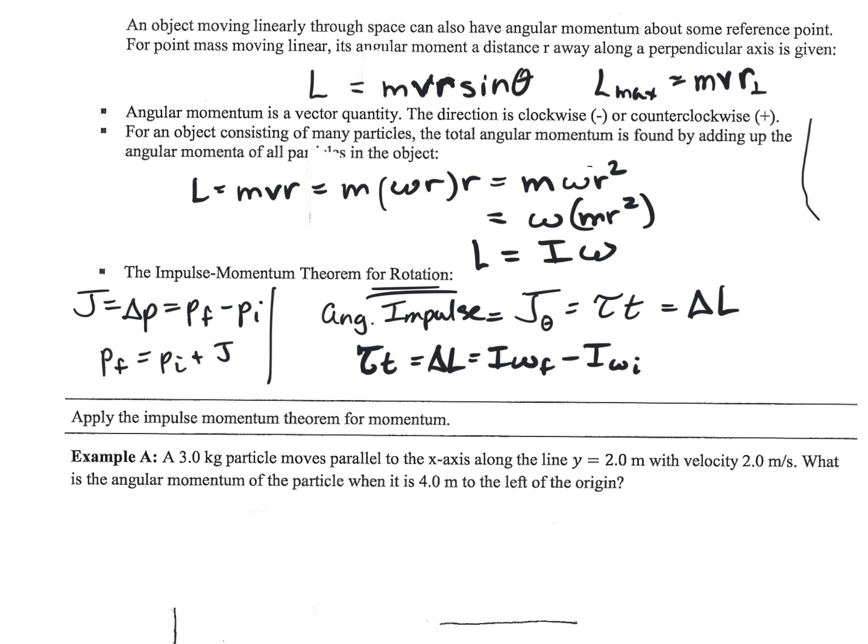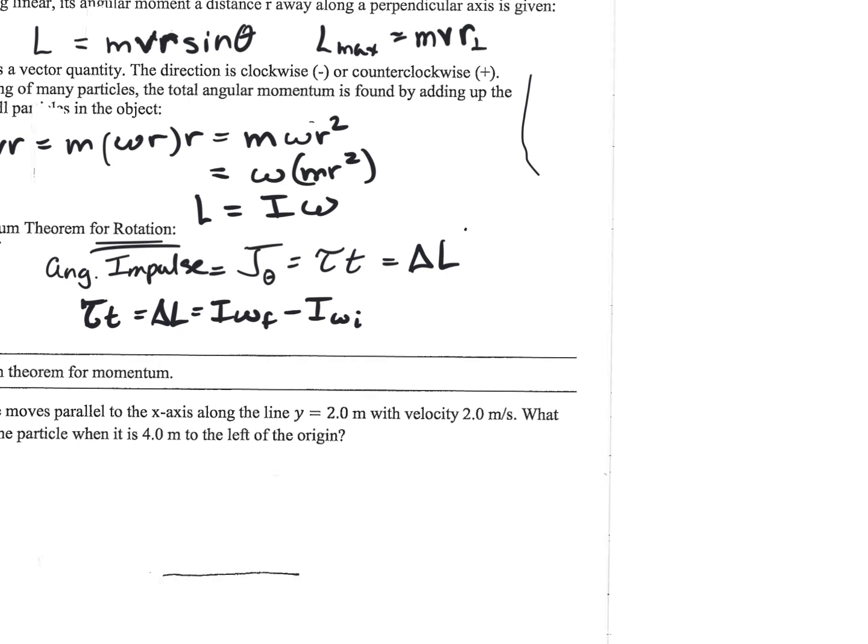No change in torque, no torquing force, no change in angular momentum. So if the sum of the net torques is 0, then the change in angular momentum is 0. That's really what this means.